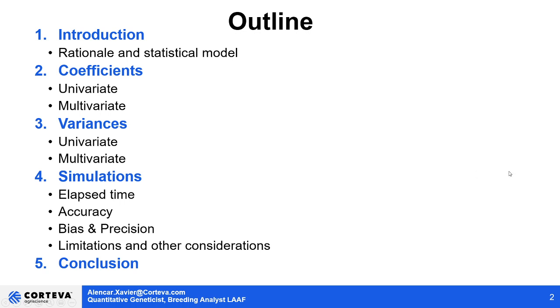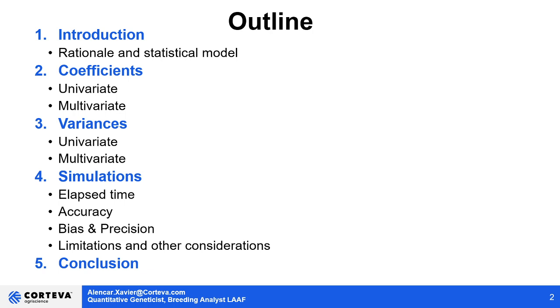Well, that's a brief outline of the presentation I'll be giving today. I'll start with a high-level rationale and start moving towards the statistical model that represents the problem we are trying to tackle. We are going to cover how we would be estimating coefficients and then how we would estimate the variance components.